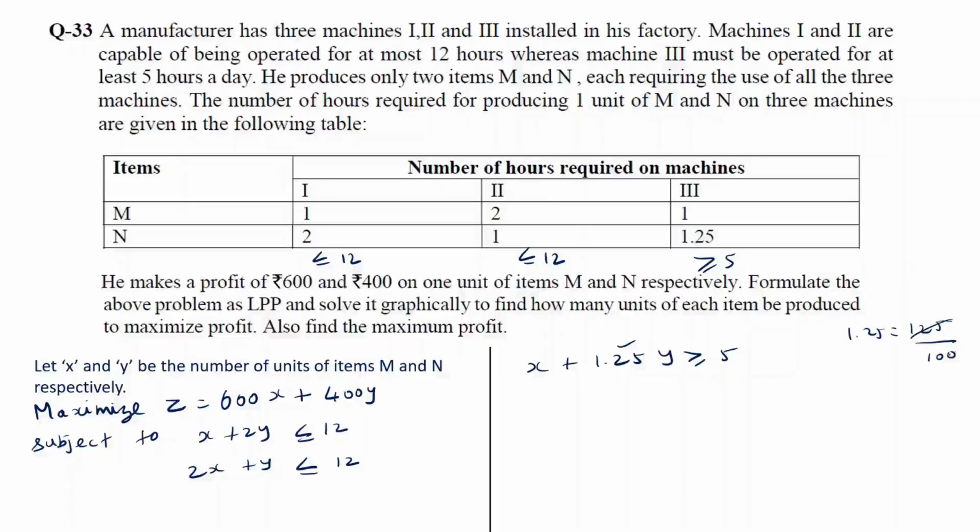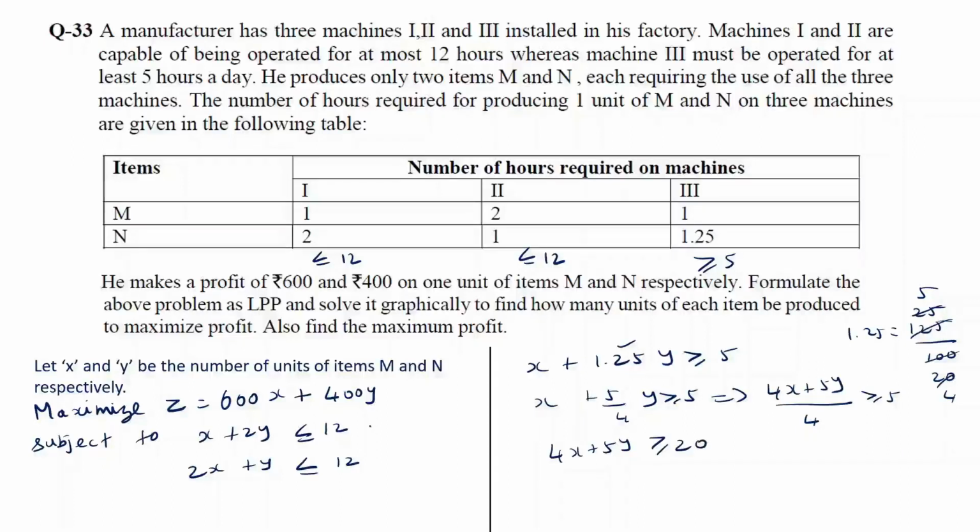If we simplify this, it is 5 by 4. So x plus 5 by 4 y greater than or equal to 5. Or 4x plus 5y by 4 greater than or equal to 5. Or 4x plus 5y greater than or equal to 20.